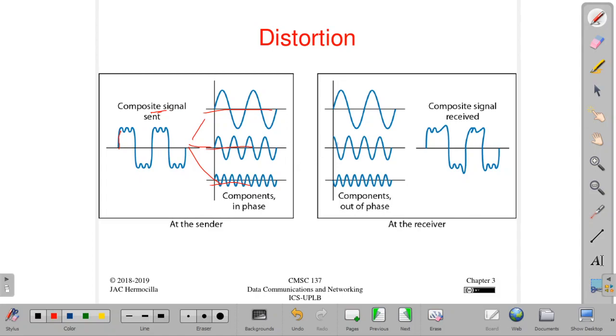When these arrive at the receiver end, they may be out of phase because they have different characteristics as they travel through the medium, and at the receiver end there might be some distortions. So the original signal is no longer the same as the received signal. So that's distortion.